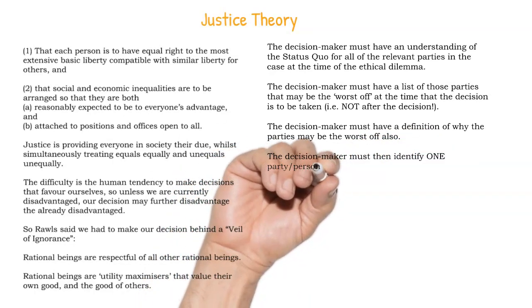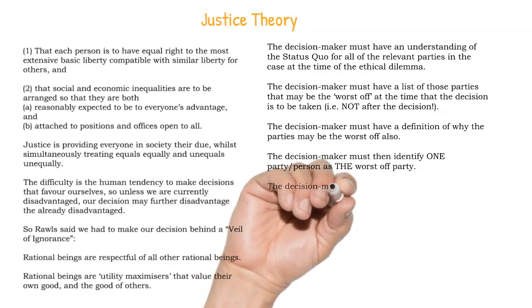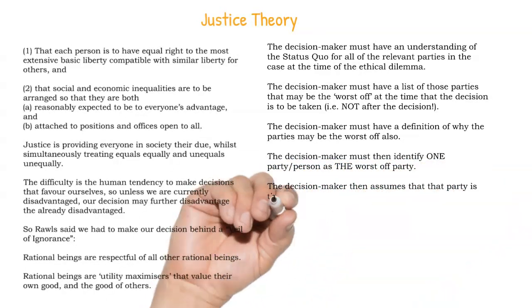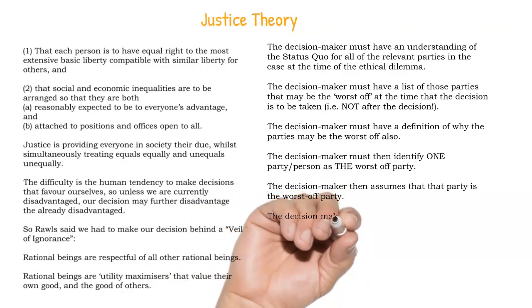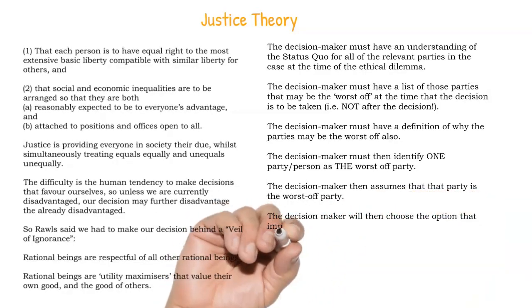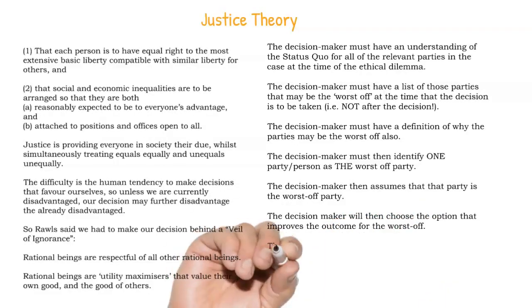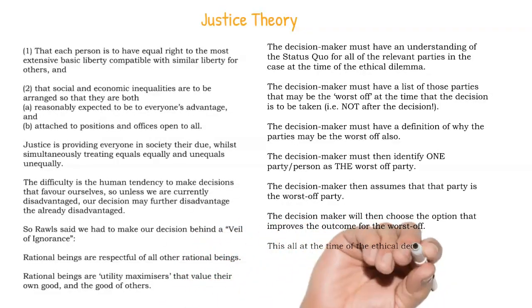Also, the decision maker must then identify one party who is the worst off. The decision maker then assumes that that party is the worst off, and then the decision maker will choose the option that improves the outcome for that worst off party.